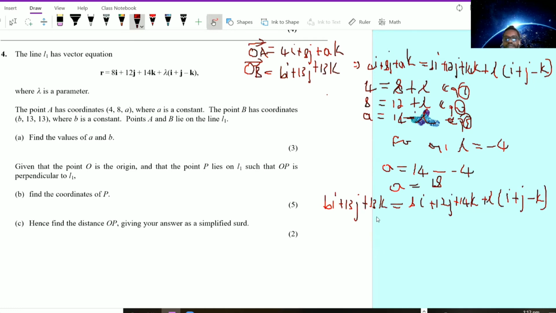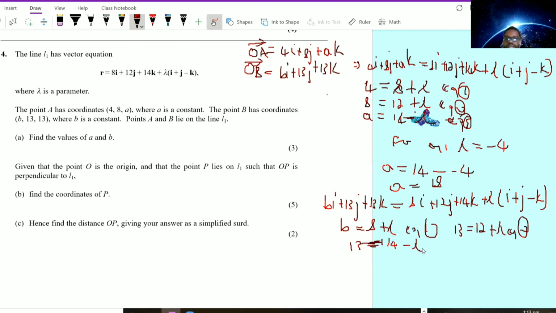The coefficients of i are equal. So you can say B equals 8 plus lambda, equation 1. You can also say for j, you have 13 equals 12 plus lambda, equation 2. And for the component of k, it's the same approach: 13 equals 14 minus lambda.